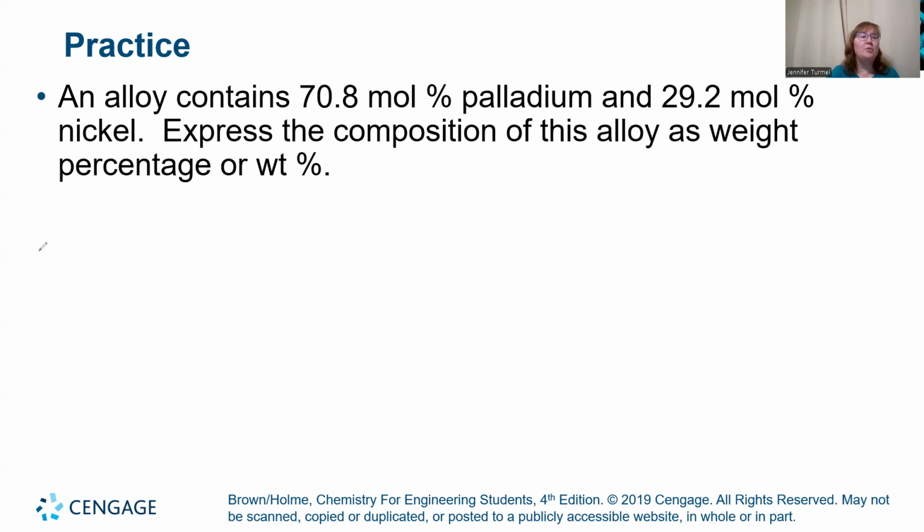Okay, so the way we do this problem is a little bit different. We're going to do it very similarly, but instead of starting with grams, we're going to be starting with moles. So again, the first thing that we're going to do here is we're going to assume percents as moles in this case instead of mass.